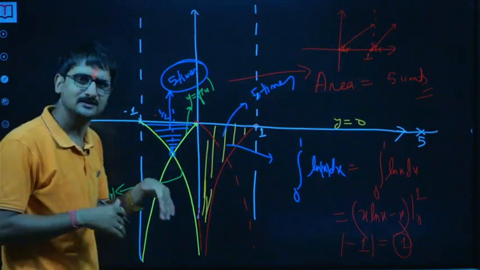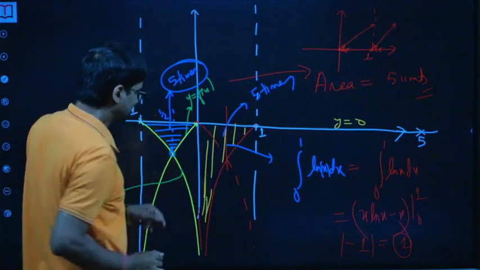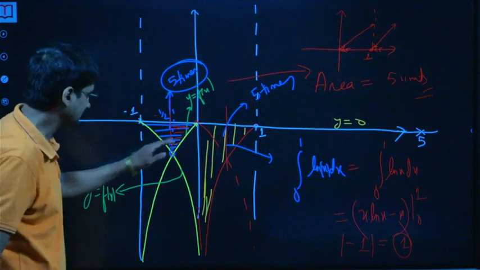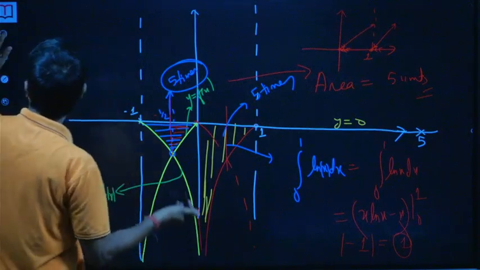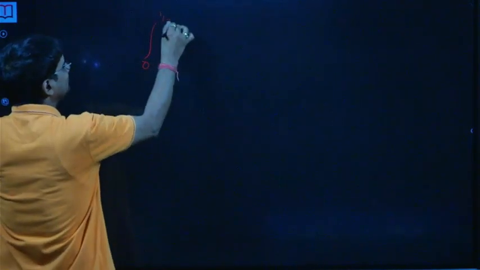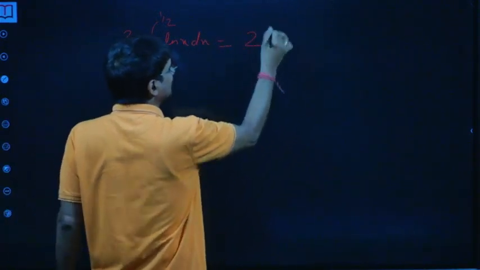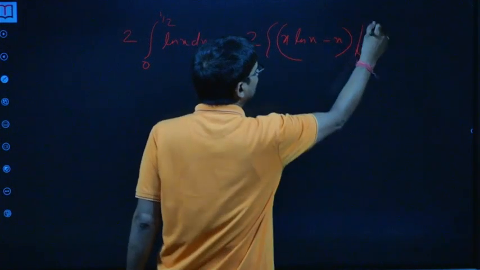One more thing, again it's symmetric. So if I just calculate this area and take it twice, I think it will be fine, isn't that so? So it's 0 to half, twice of ln x. So it's again 2 times x ln x minus x from 0 to half.